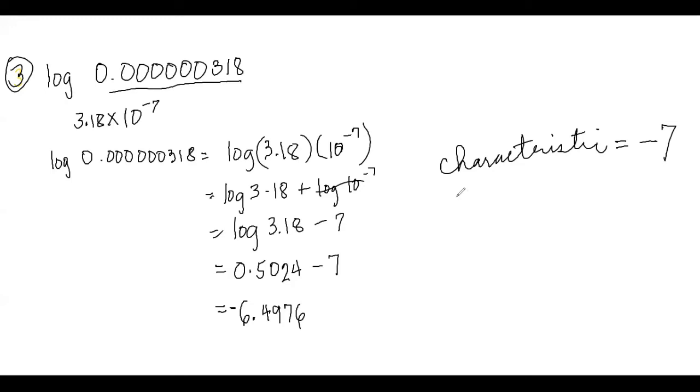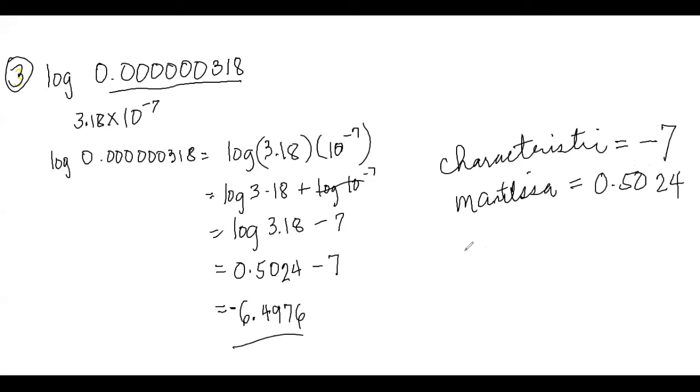Okay, how about, what's this? The mantisa. 0.5024. Okay. Class, pareho lang ba kapag kumuha tayo ng mantisa dito sa final answer na ang characteristic ko ay negative 6 and mantisa ko is 0.4976 or negative 0.4976?